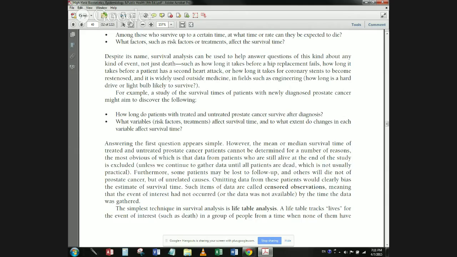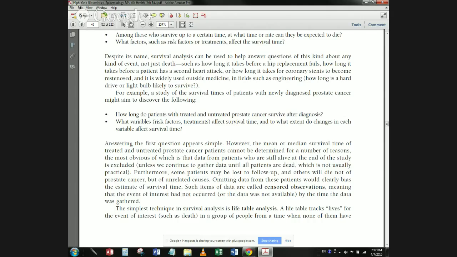For example, a study of the survival times of patients with newly diagnosed prostate cancer might aim to discover the following. How long do patients with treated and untreated prostate cancer survive after diagnosis? What variables, risk factors, and treatments affect survival time, and to what extent do changes in each variable affect survival time?